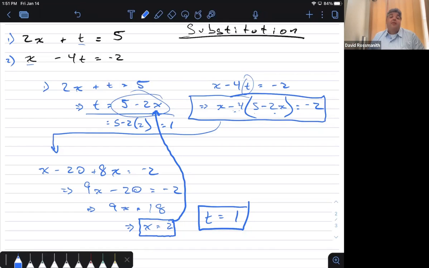To me, this is the simplest way of doing this type of problem. There are other methods. I'm sure you've seen them in math class, and you may like those other methods. For instance, just quickly, one way people do it is they would say, look, if I multiply this whole equation by 2, and then I subtract the two equations, that's going to cancel the x terms.